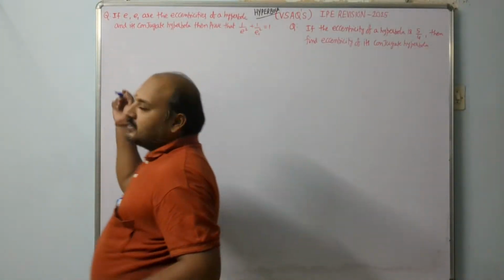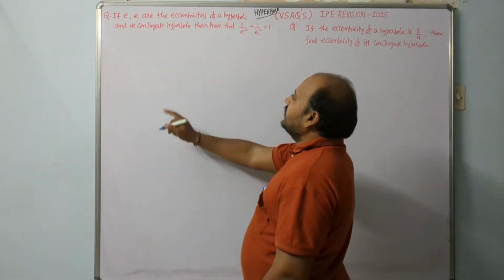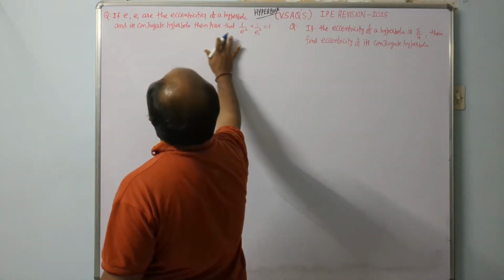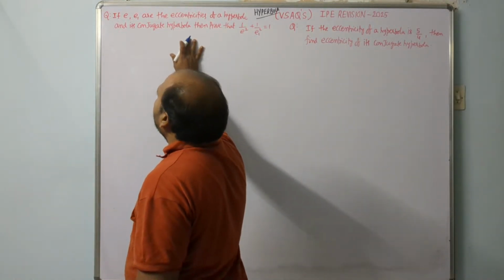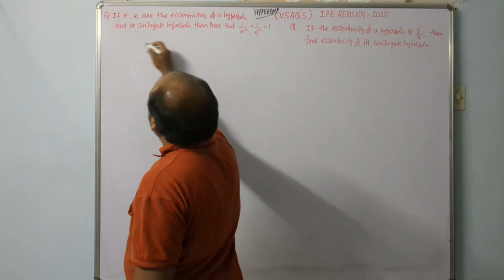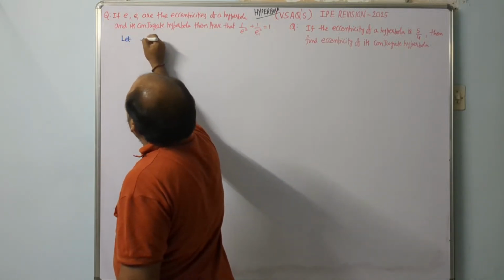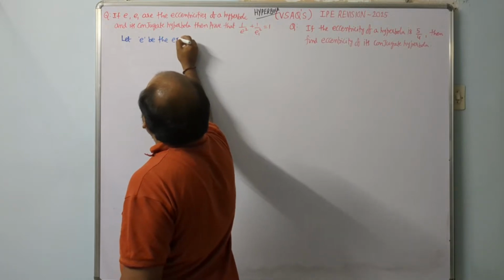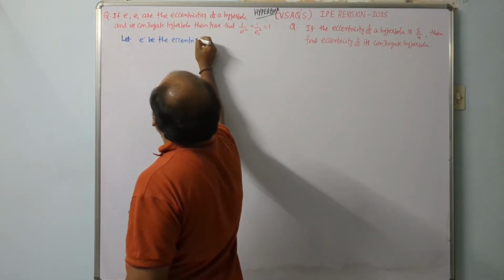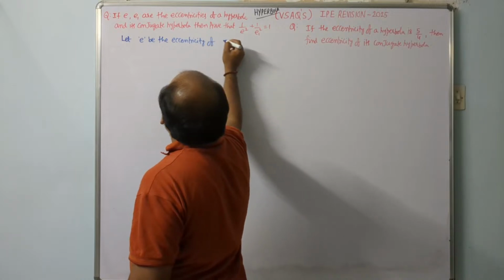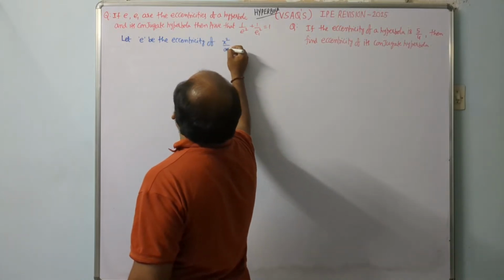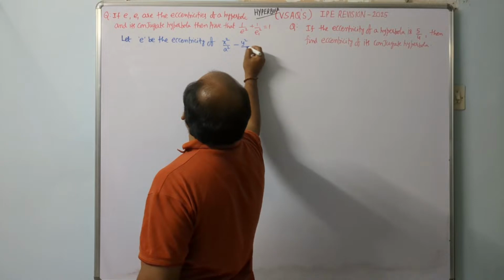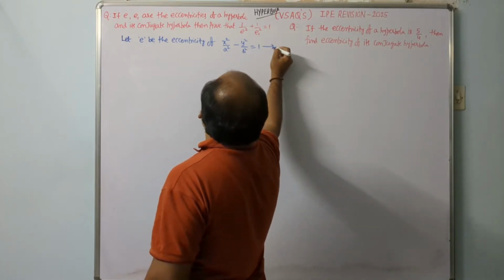So first, how to solve this question: if e and e1 are eccentricities of a hyperbola and its conjugate hyperbola, let e be the eccentricity of x square by a square minus y square by b square equal to 1.